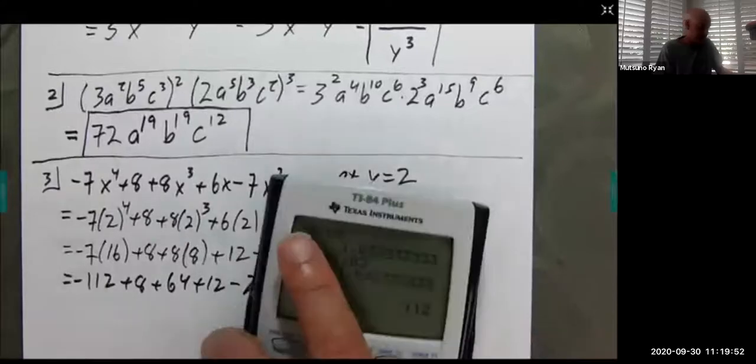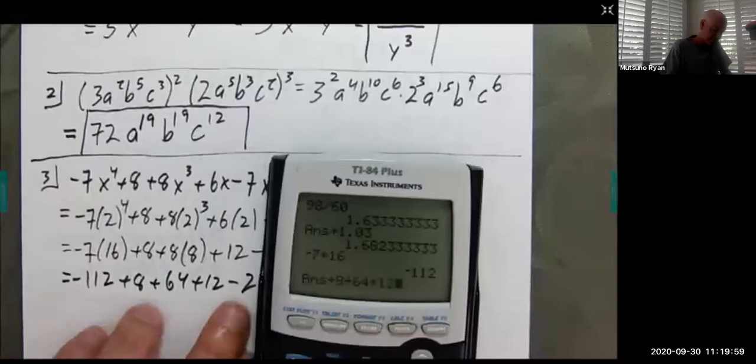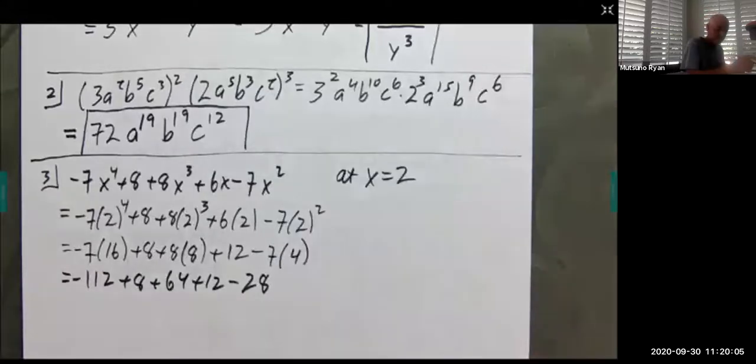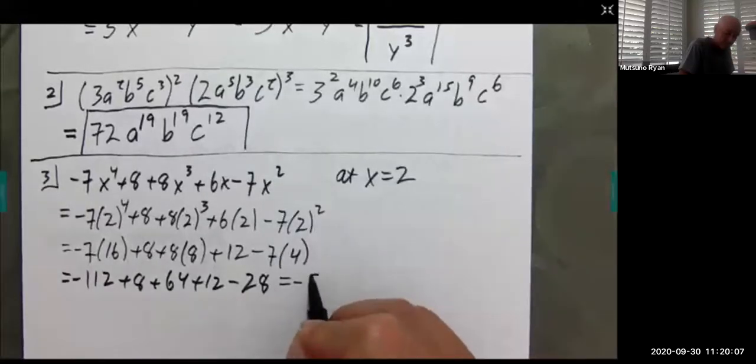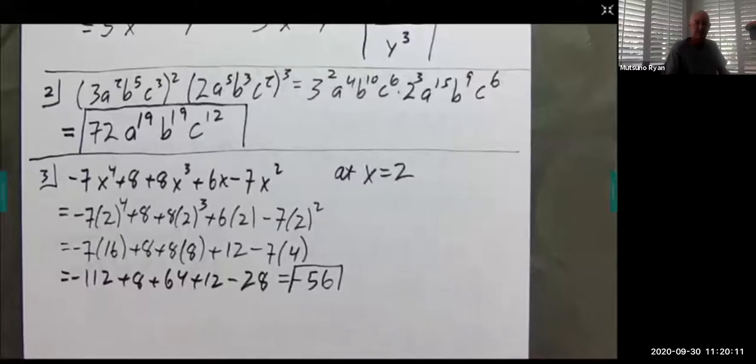And I'm just going to sweep that. Negative 112 plus 8 plus 64 plus 12 minus 28, giving me negative 56. Very nice.